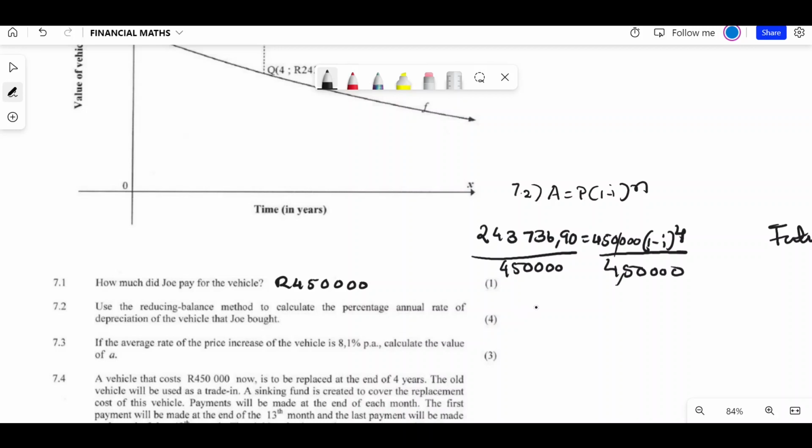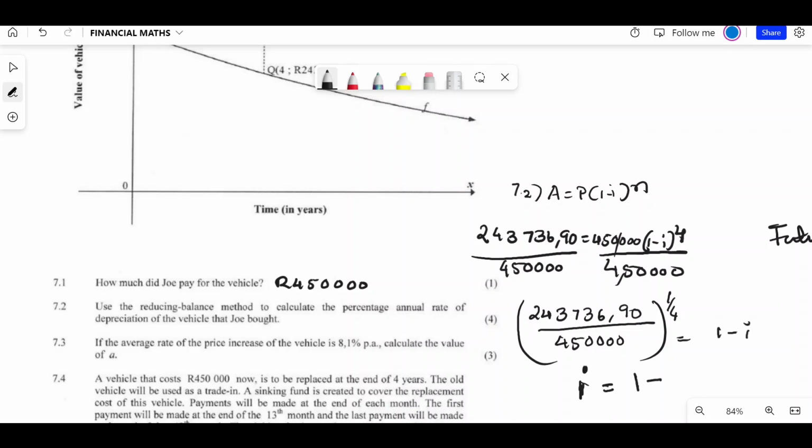So it's going to be 243,736.90 divided by 450,000, to the power 1/4, equal to 1 minus i, because when you take 1 minus i to the power 4 to the power 1/4, you get 1 minus i. So the unknown i is negative there. Bring it to this side, bring this bracket to the other side.